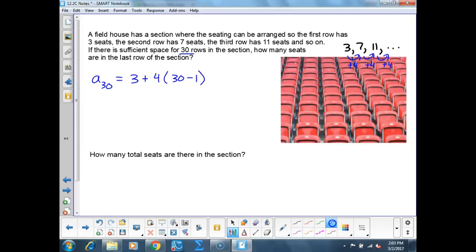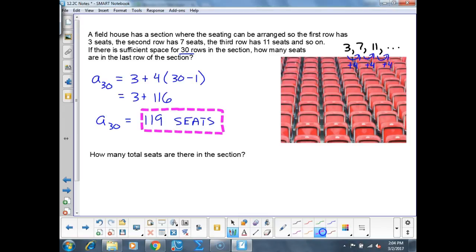So that's going to be 3 plus 4 times 29. 4 times 29 is 116. So in the 30th row, there are 119 seats. Now, because we're dealing with word problems, we need to have labels in our answers.